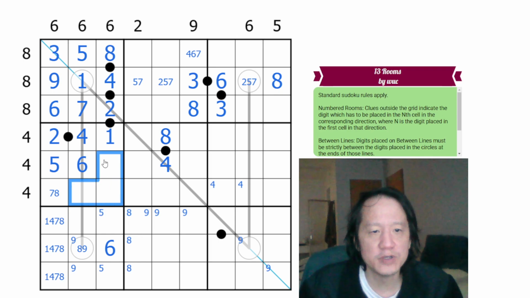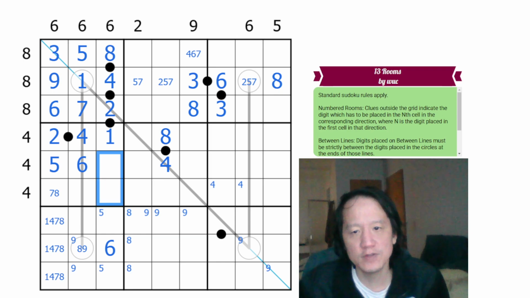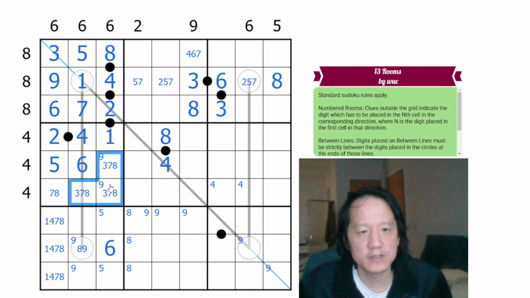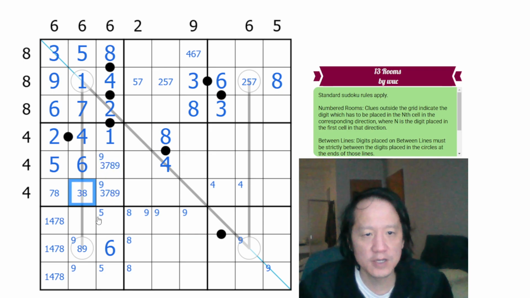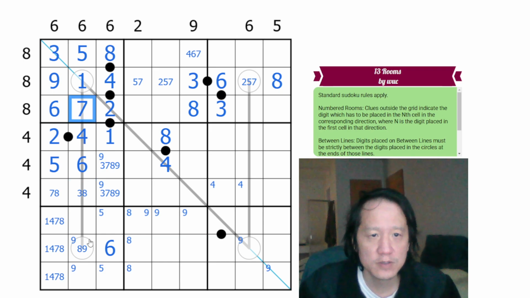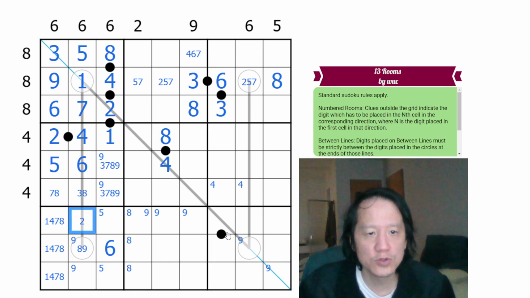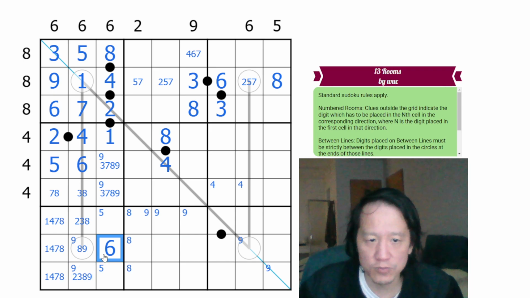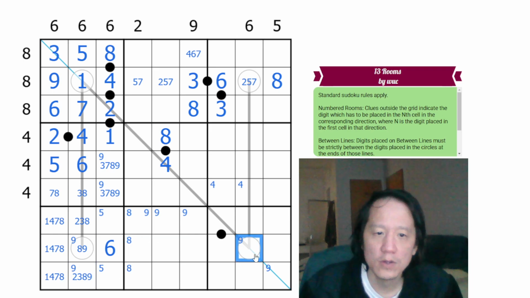What can these be? This can't be 9, obviously, so 9 has to be one of these two clues, and they could be 3, 7, or 8. So this could be 9 also. This can't be 7 because of this 7. This could be 2, 3, or 8. Cannot be 9. And this is 2, 3, 8, or 9. We're not sure which.